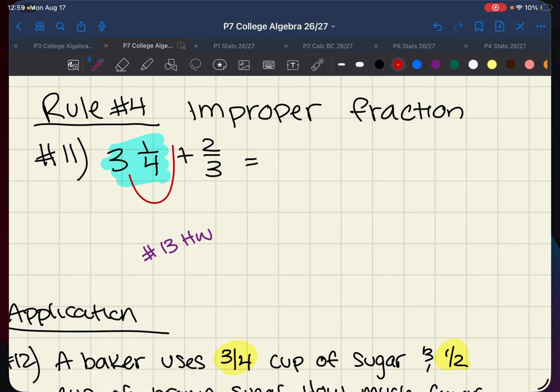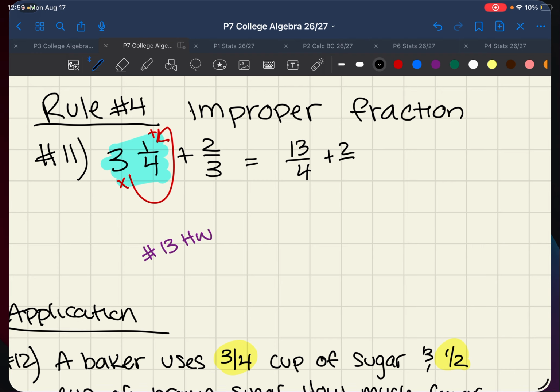And we do that by following this arrow. So for example, we would multiply these two numbers together. So 3 times 4 is 12. And then we would add the numerator, so 13. So I would multiply and then add. So this becomes 13 over 4 instead of 3 1/4.